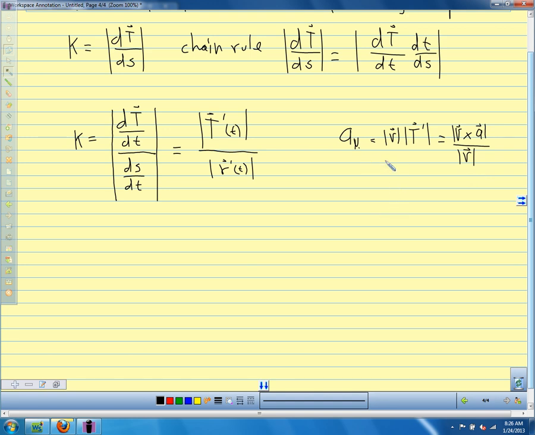If I manipulate this, I'm just going to divide by the magnitude of v, then I get the magnitude of T prime. And I'm going to write this in terms of r and r prime. Magnitude of T prime is the magnitude of r prime cross r double prime over the magnitude of r prime squared.